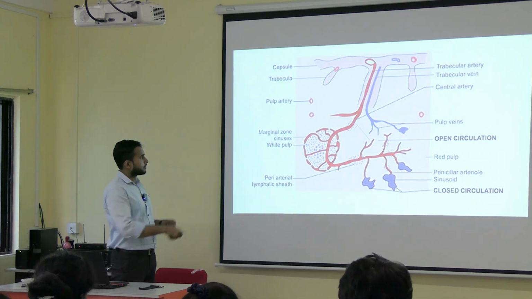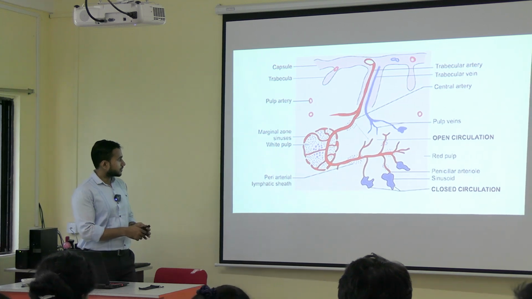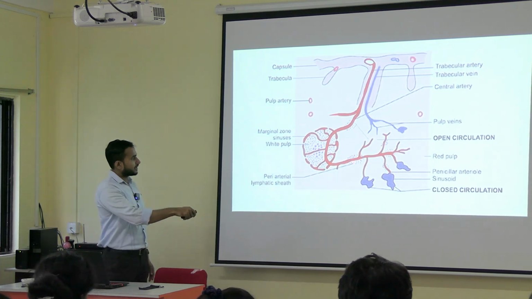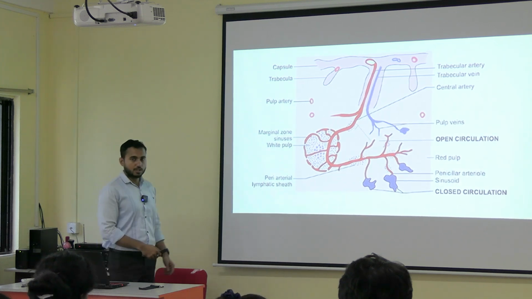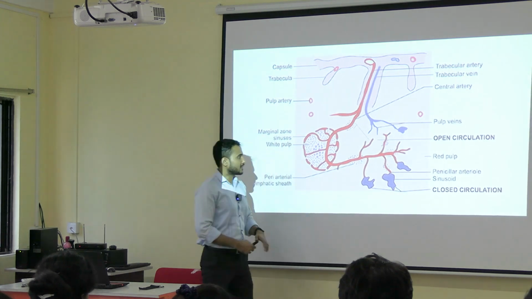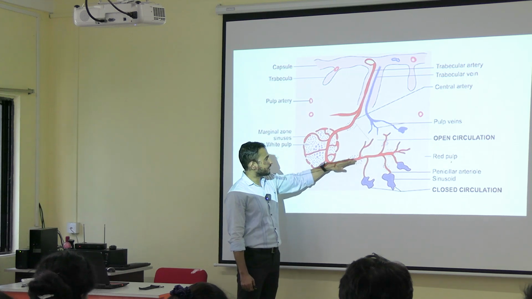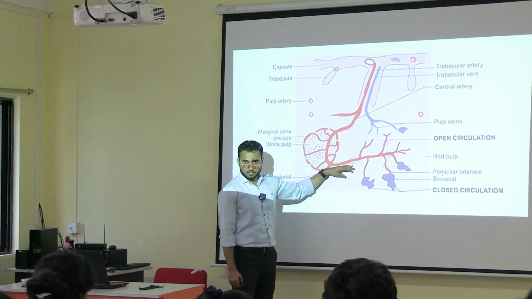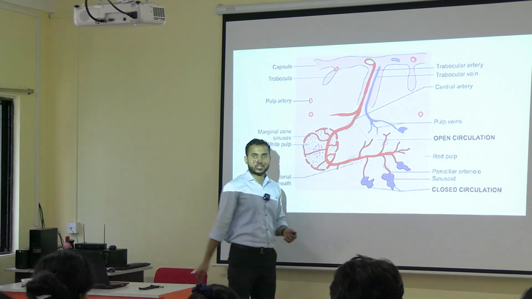Here you can see, this is the white pulp. Here you can see how the periarterial lymphatic sheath is formed. That means this is a branch of the splenic artery, the arteriole. Around the arteriole you can see the aggregation of T lymphocytes. Now if you take a TS, what will you see?